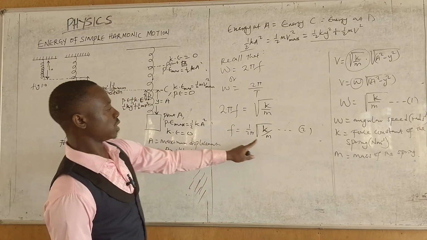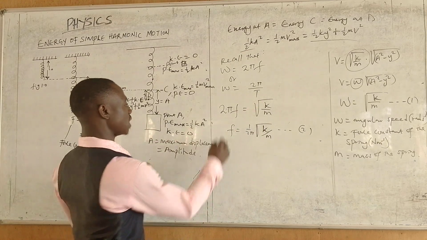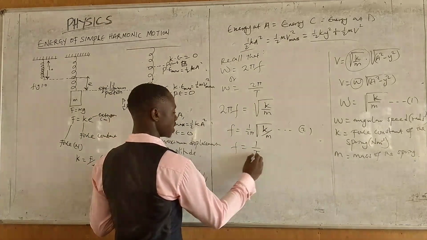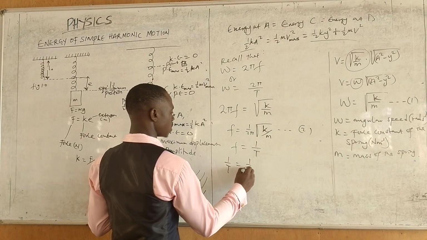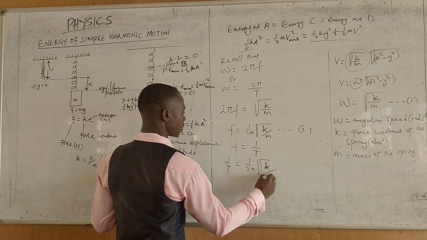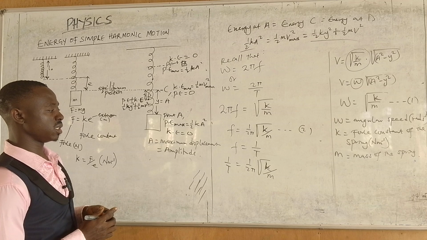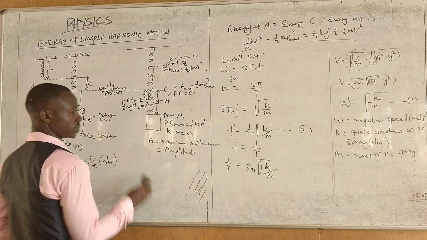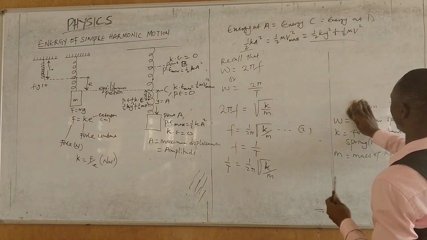I want to express this again in terms of period. What is f again? Since f is equal to 1 over T, it means 1 over T will now be equal to 1 over 2 pi root what? K over what? Over m. Now what is T?